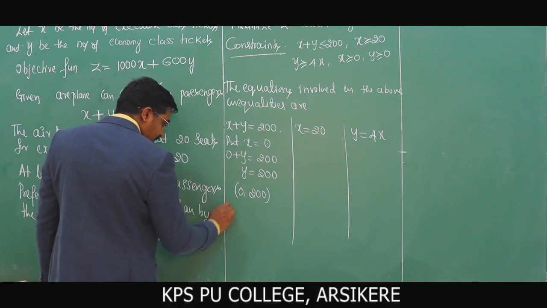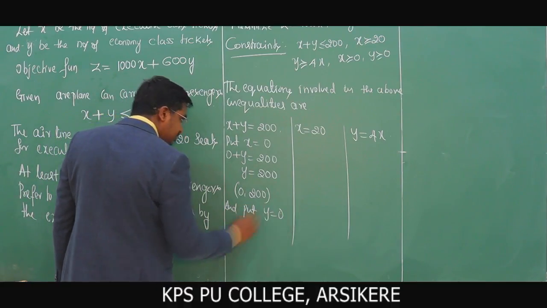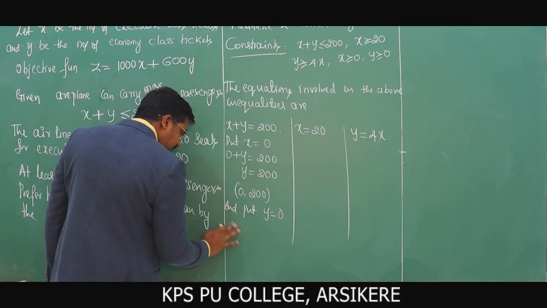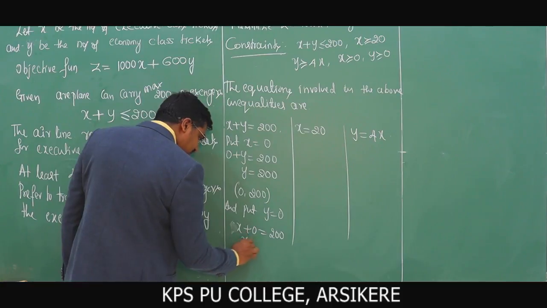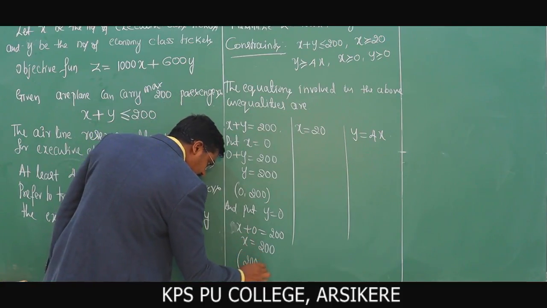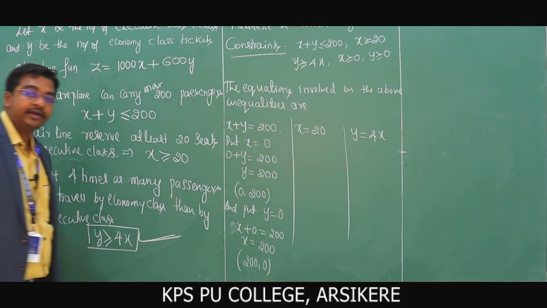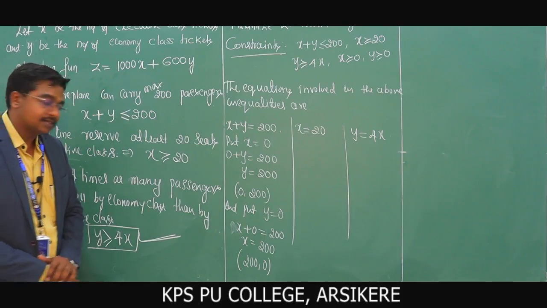Next, put y is equal to 0 in the above equation, so x plus 0 is equal to 200, x is equal to 200. The point becomes 200 comma 0. This is the point of intersection of the line x plus y is equal to 200 with the x axis.